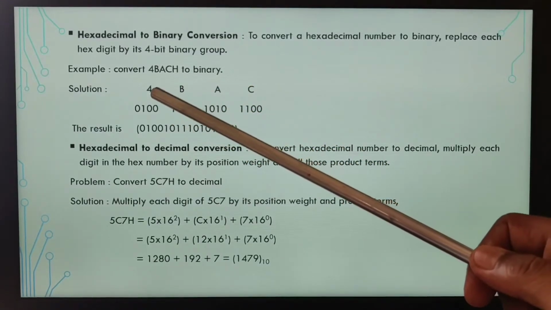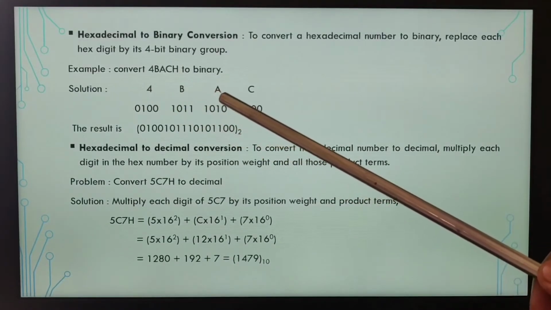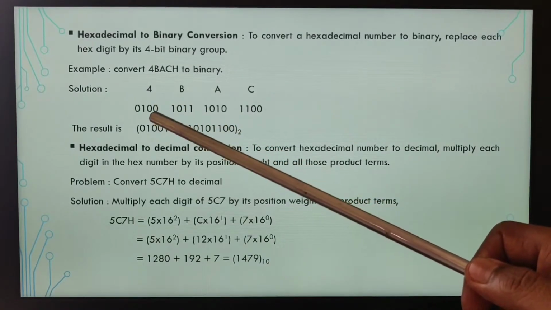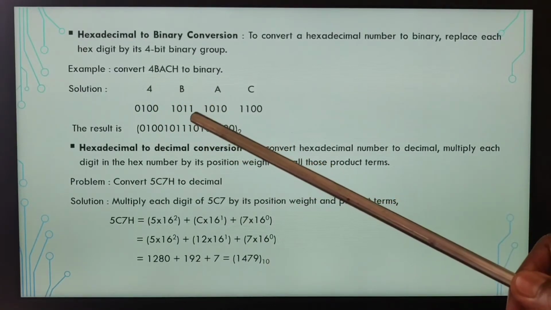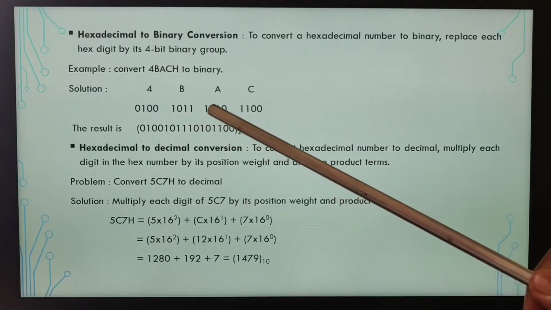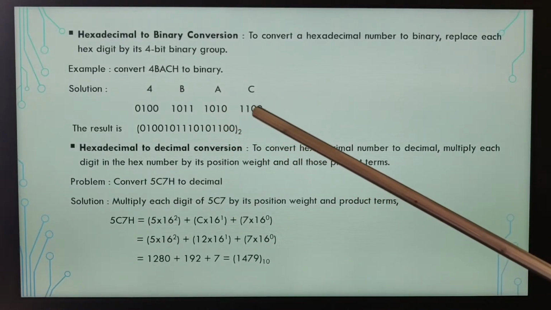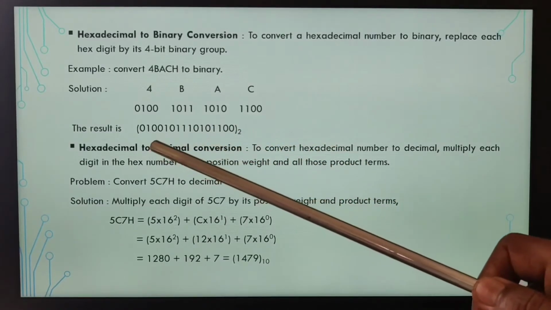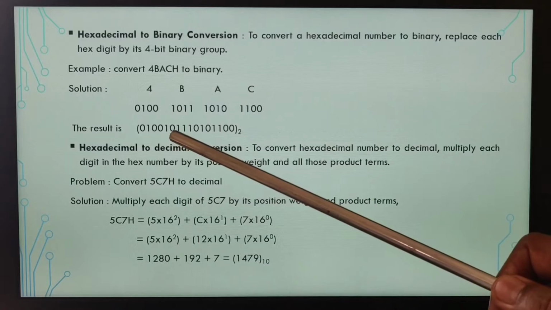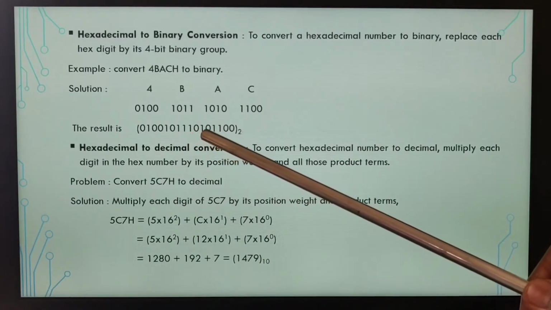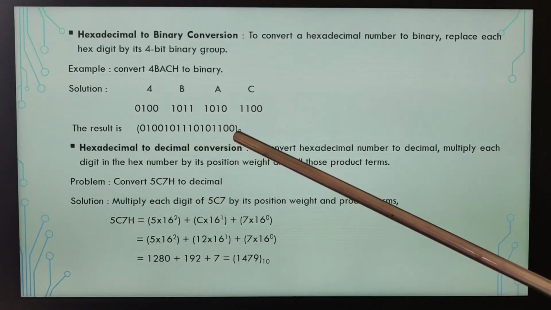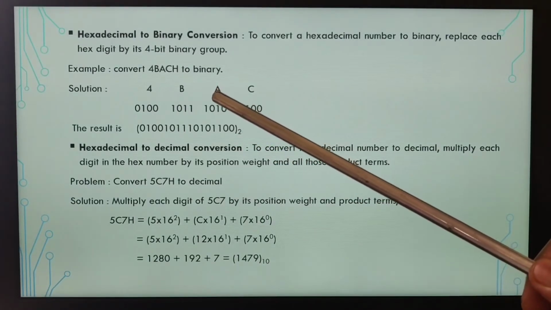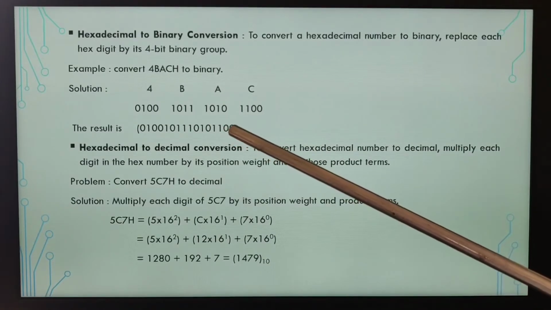In the solution we write the digits separately: 4, B, A and C. The value of 4 in binary is 0100, then B has value 1011, A has value 1010, and C has value 1100. So the result is 0100, 1011, 1010, 1100, base 2. So here we have converted this hexadecimal number into a binary number.